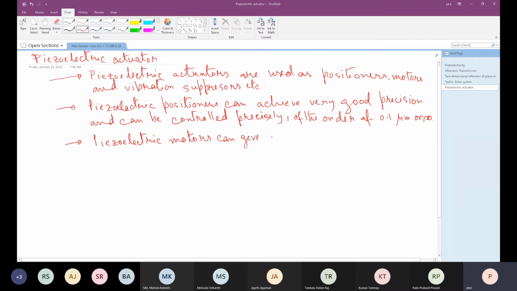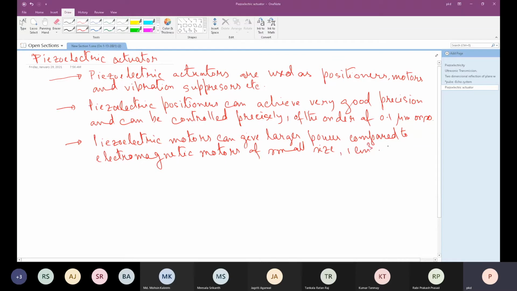They can give larger power compared to their size, compared to electromagnetic motors of small size, say 1 centimeter cube or maybe less than that.